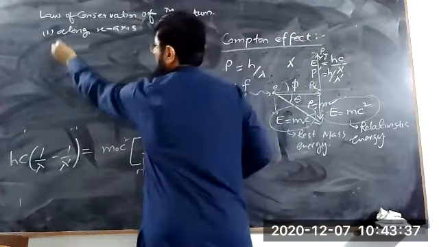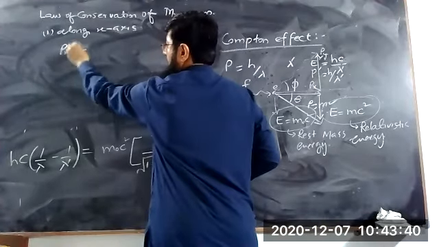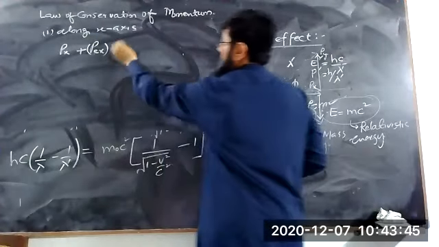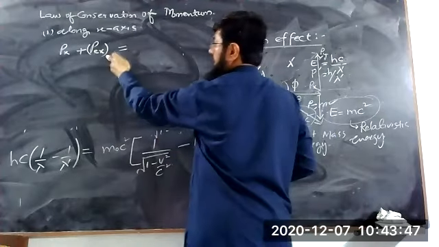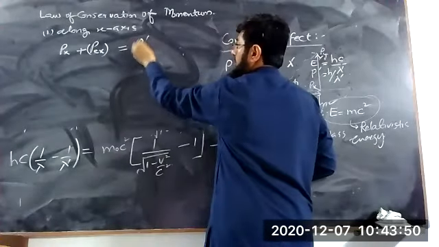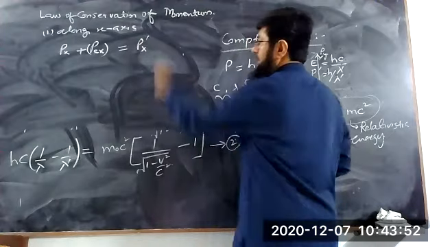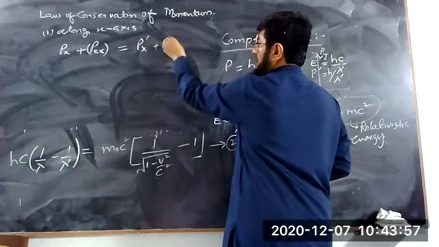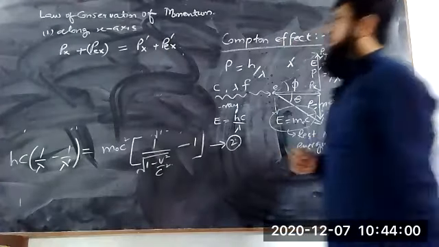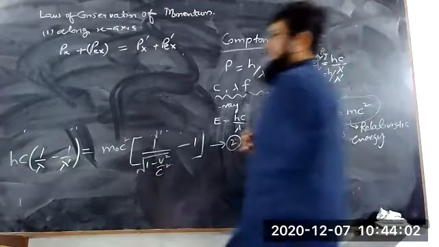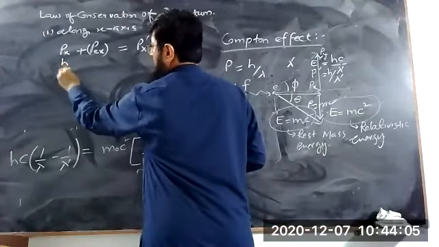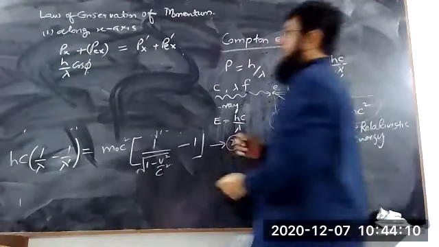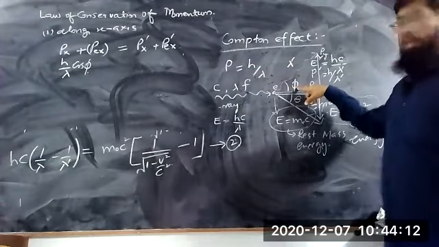So the initial momentum of the photon along the x-axis plus the momentum of the electron along the x-axis is equal to P dash, the momentum of the photon along the x-axis, plus P of the electron along the x-axis after scattering. Here Px is equal to P cos phi, where this is the angle phi.